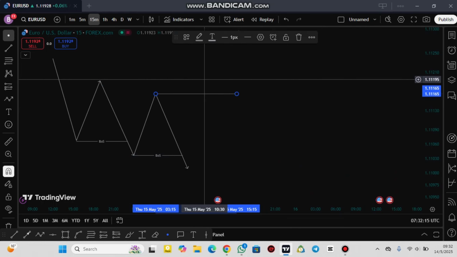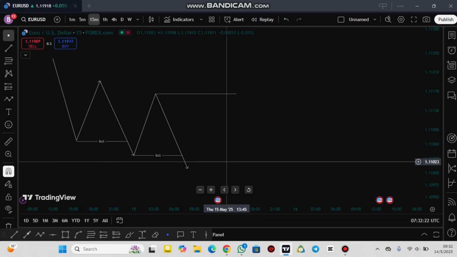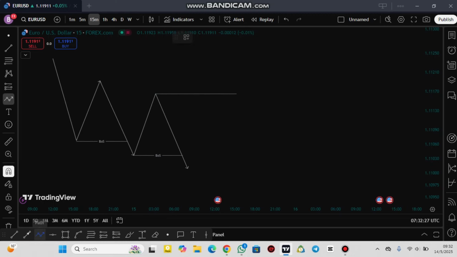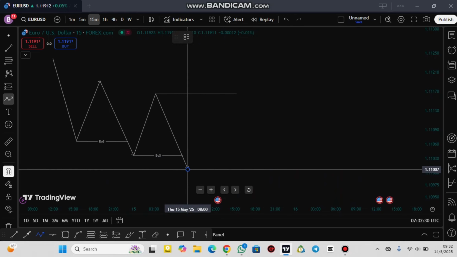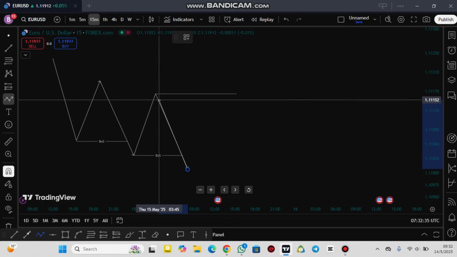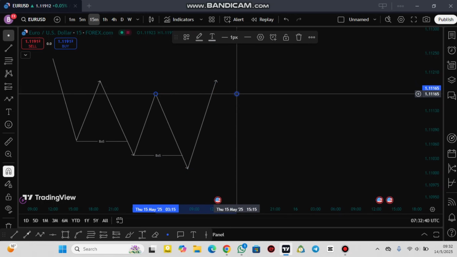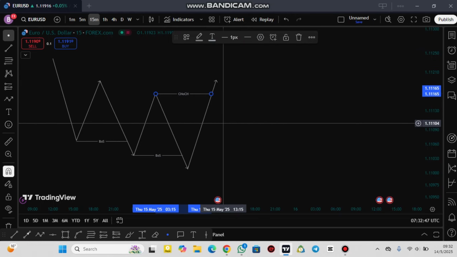So how does price suddenly go from creating a series of lower lows and lower highs to creating higher highs and higher lows? Price does this by violating the previous lower high. Once price violates this high, this is what we call a change of character. It's called a CHoCH.